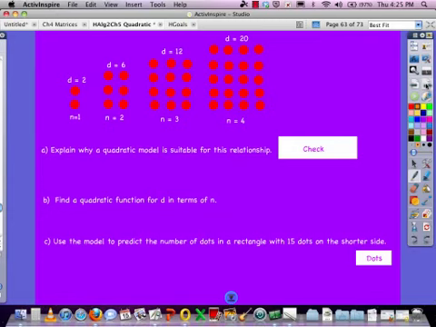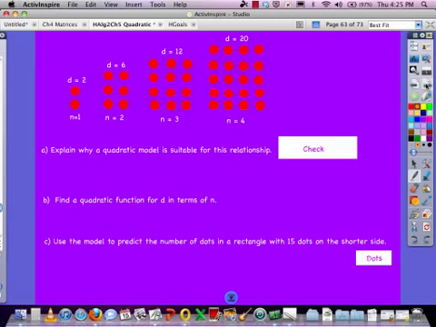So when I have 1 row, I had 2 dots. 2 rows, 3 dots. 3 rows, 4 dots high, I should say. So 3 times 4 is 12 total dots. And then 4 rows across, but that made it 5 dots high, and 4 times 5 was 20.